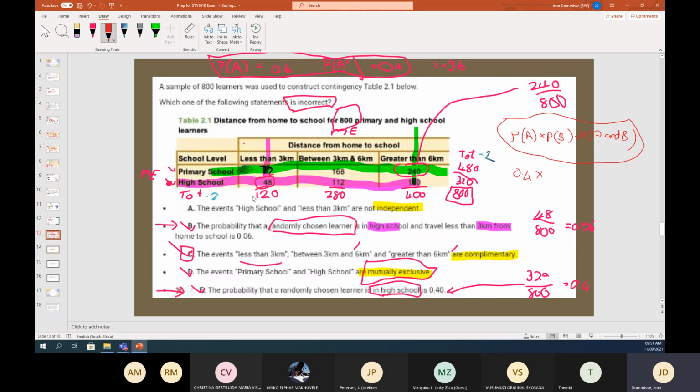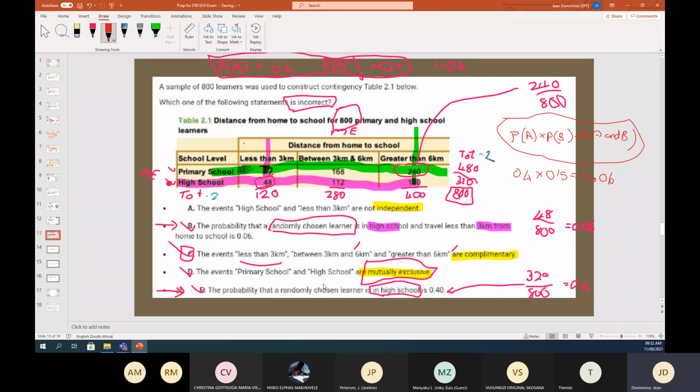That probability is 120 divided by 800, which is 0.15. So if we multiply those two, 0.15 times 0.4, we get 0.06.